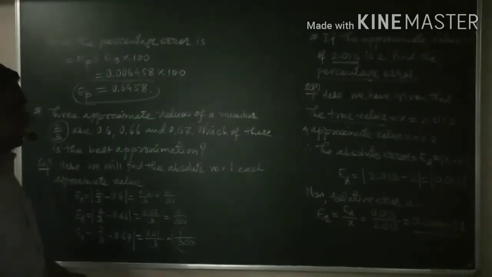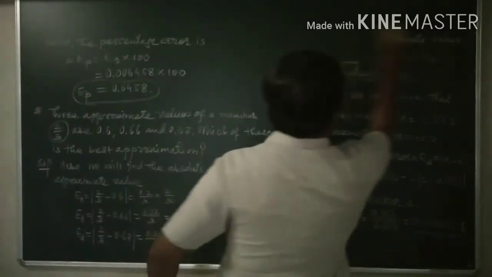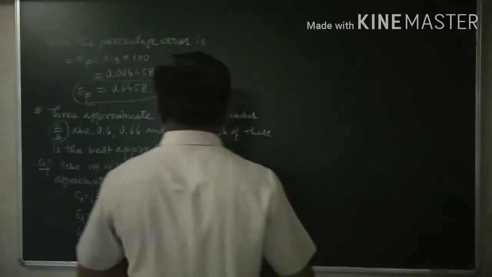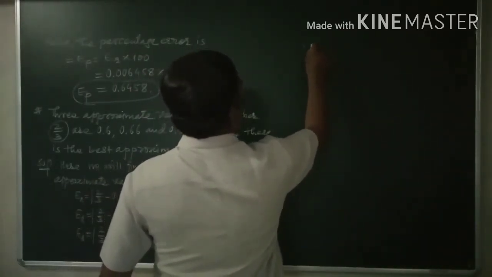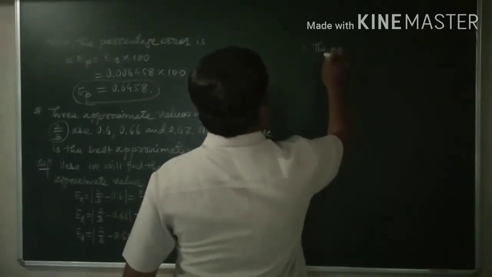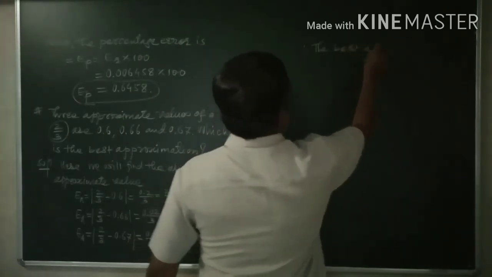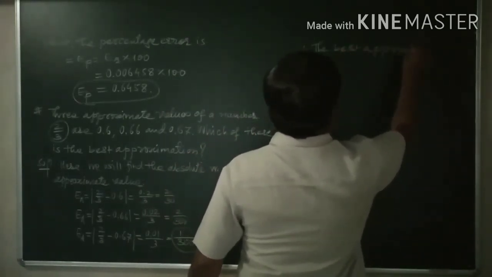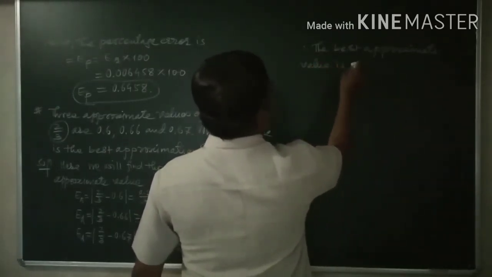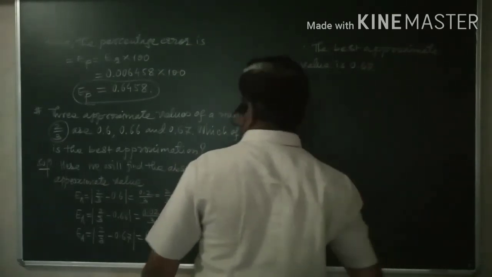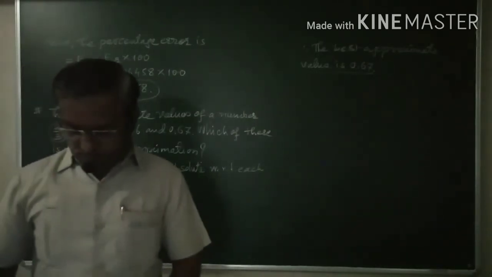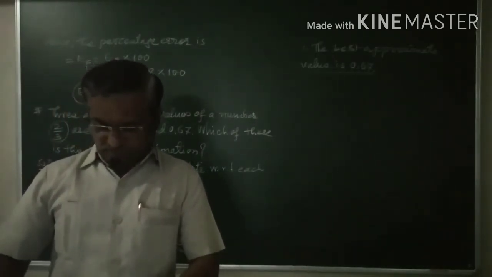Hence the best approximate value is 0.67. This is how you can decide the best approximation in such cases.